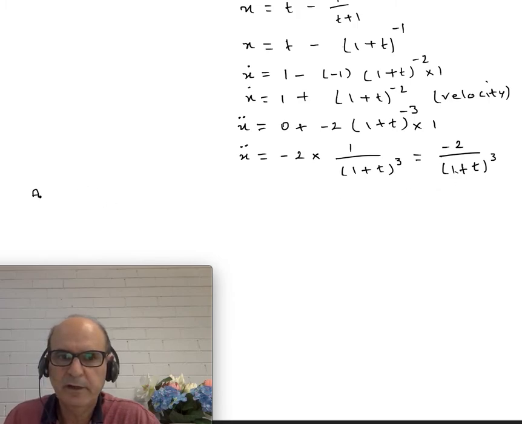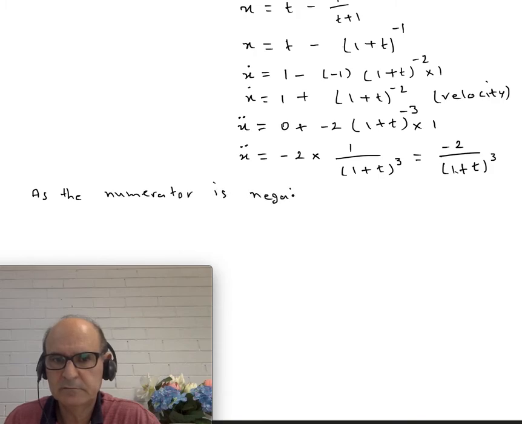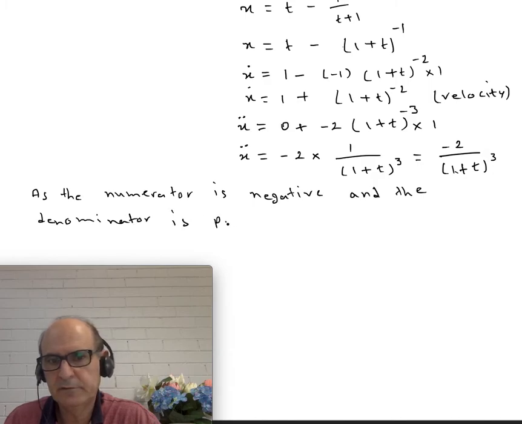So as the numerator is negative, and the denominator is positive, so x double dot is always negative.